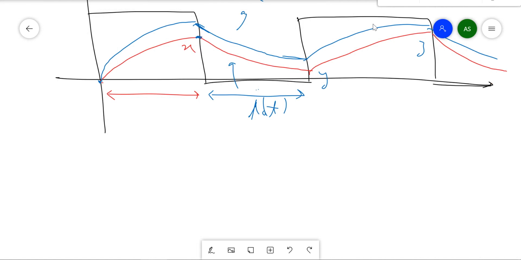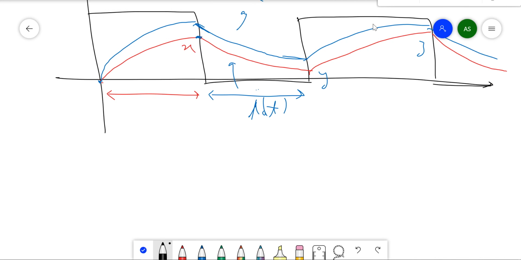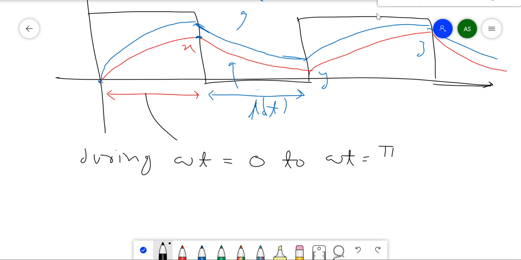So let's see some calculation during omega t equal to 0 to omega t equal to pi, because the frequency is 50 Hz. So we are talking about this duration.